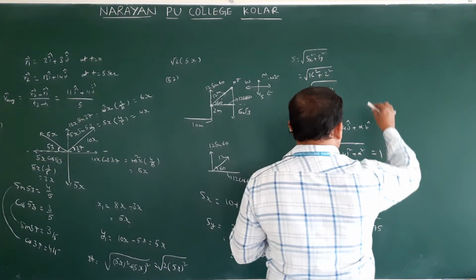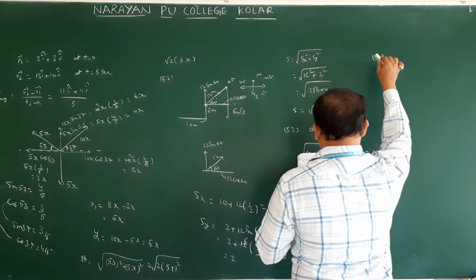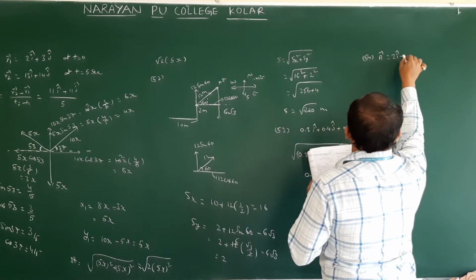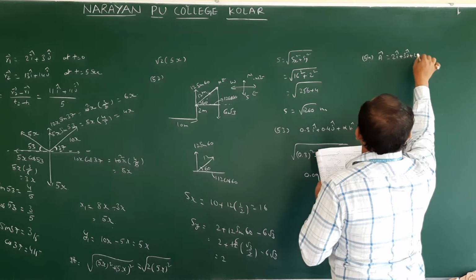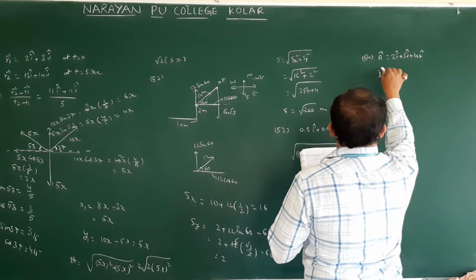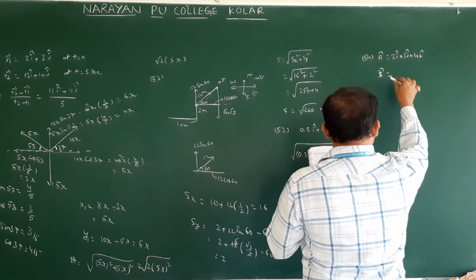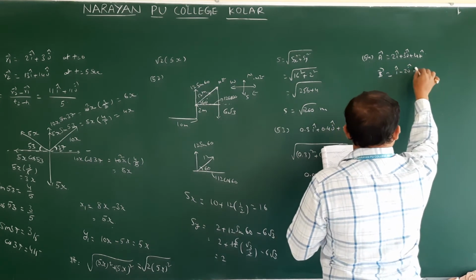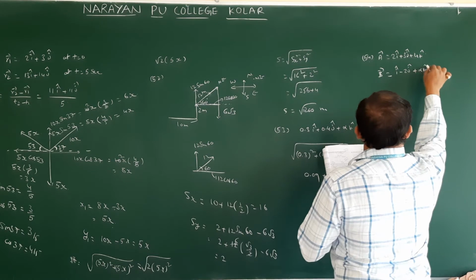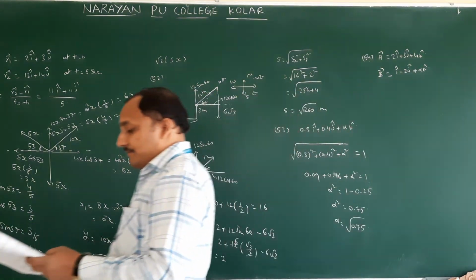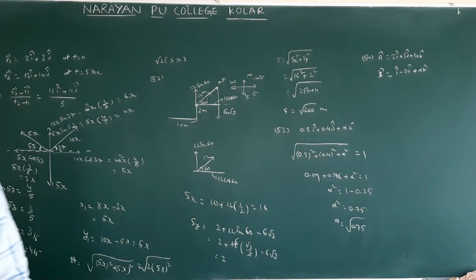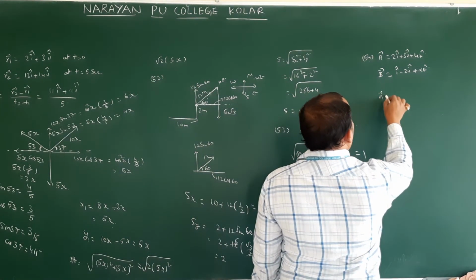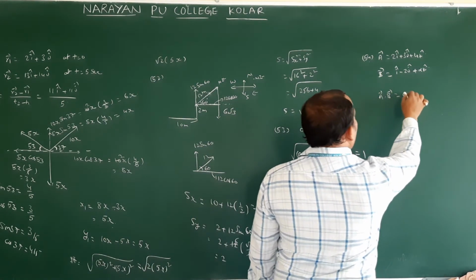So question number 54. They have given both are perpendicular to each other. Both being perpendicular means what is the dot product equal to? A bar dot B bar equal to 0.